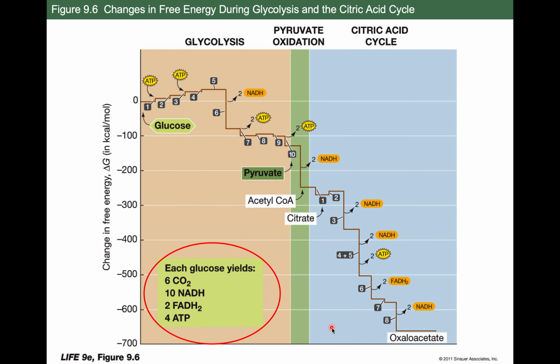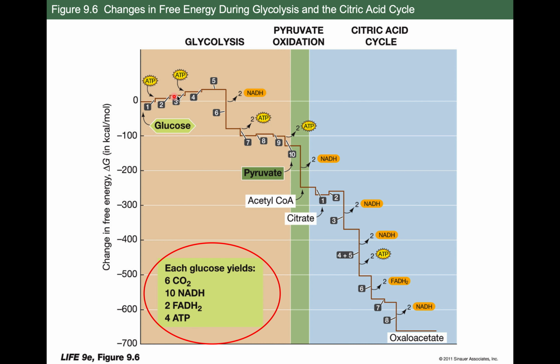All right, and just kind of looking at this in overview, so this is everything that we've talked about so far. I just wanted to point out that we're basically releasing energy in lots of these small individual steps or reactions. So, here's our 10 reactions of glycolysis numbered, and we're looking at the change in free energy in this image.